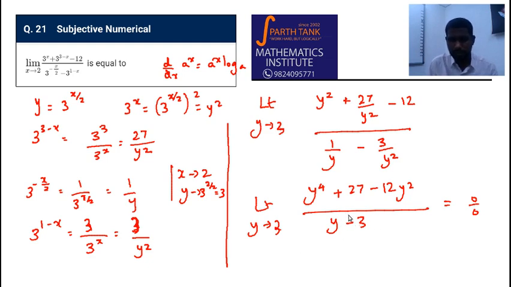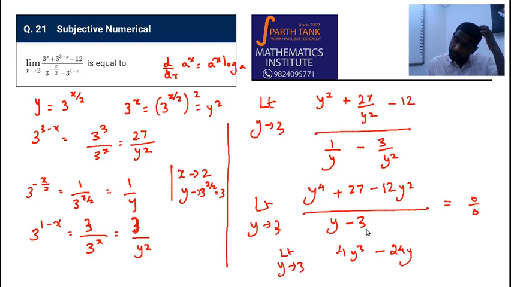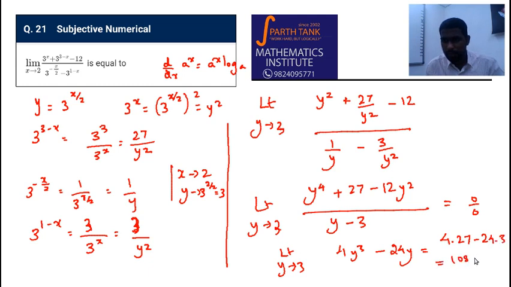How to resolve this? L'Hospital's rule. So if I differentiate this, I get 4y cube minus 24y. This becomes 1. Now substituting 3, it is 4 into 27 minus 24 into 3, which is 108 minus 72 or 36. So the limit is 36. The answer to this question is 36.